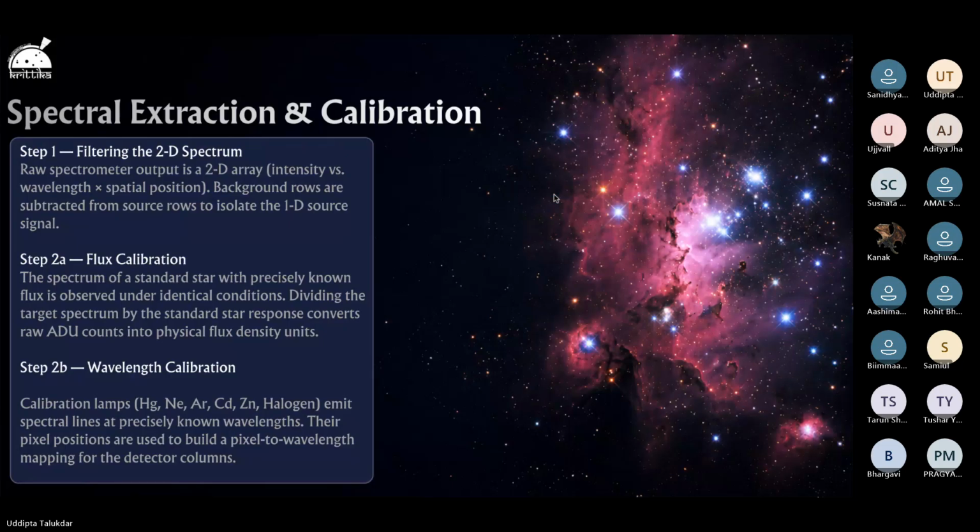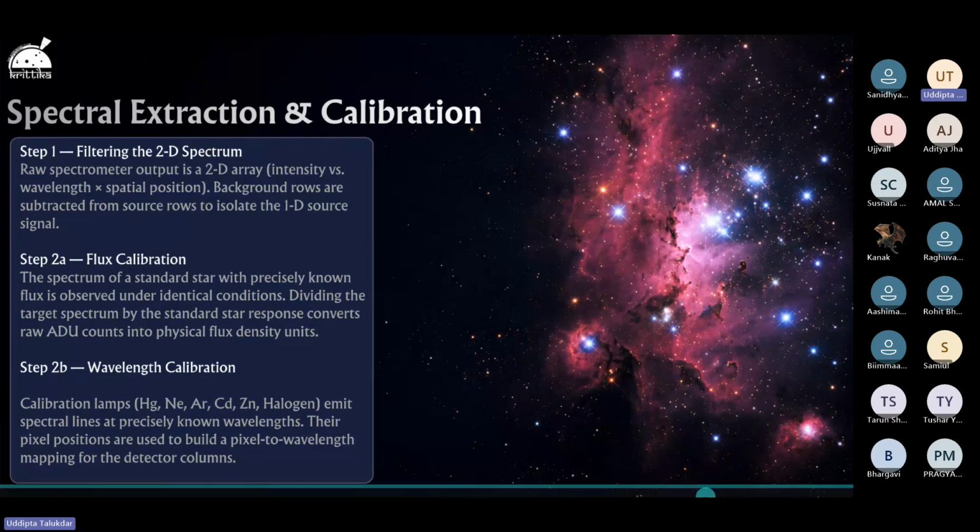So the spectrograph, as I have mentioned earlier, has a slit and light from the entire slit hits the detector, not just the star. So what we do here is we essentially subtract the background rows from the star rows. Now only the star's signal remains. Then we collapse all the star rows together into a single 1D spectrum of the intensity at each wavelength.